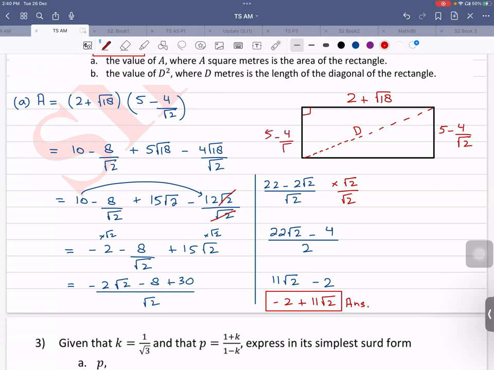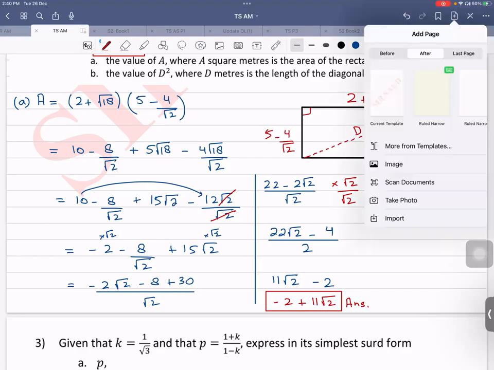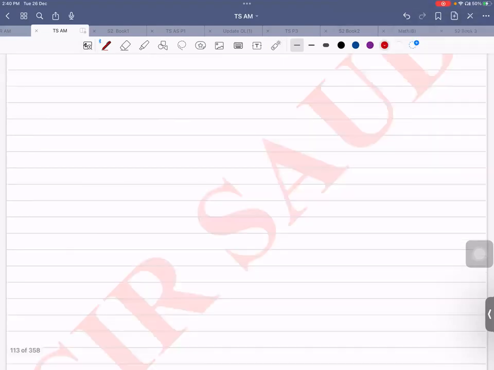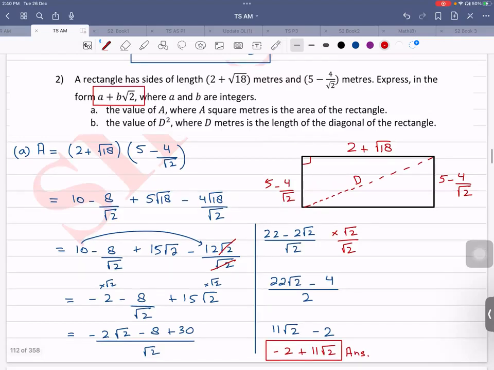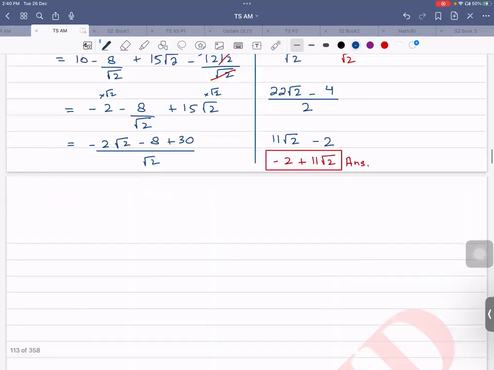What formula? First, we would find the hypotenuse. We would not square root it because we need the value of d square. So we are going to apply Pythagoras theorem. Okay, let's apply Pythagoras theorem to do the second part of this question.